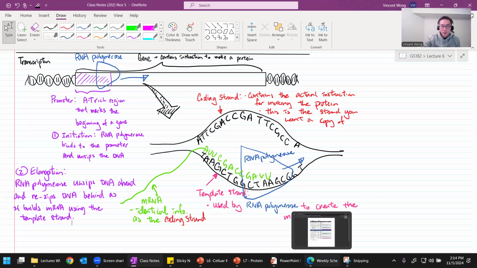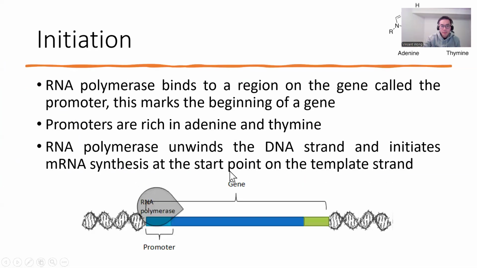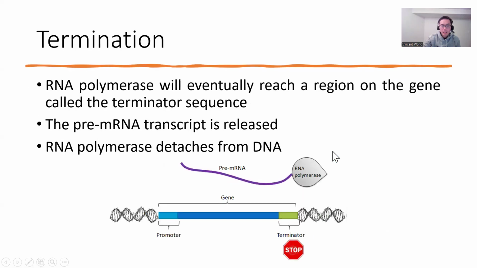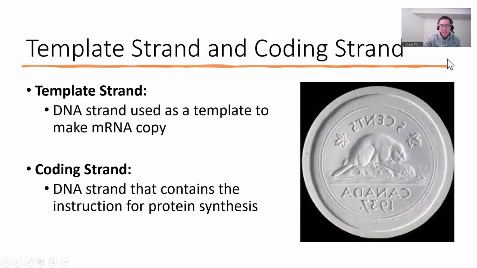Okay, let me go to the PowerPoint quickly to show you something. It's like minting a coin. If you want to make a nickel, 5 cent here, the mold that you use has to be a mirror image of what you want the coin to look like. If you add the metal to this mold, when it comes out, it's going to look like the way it should.